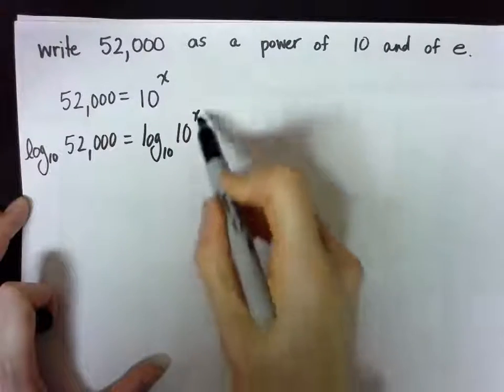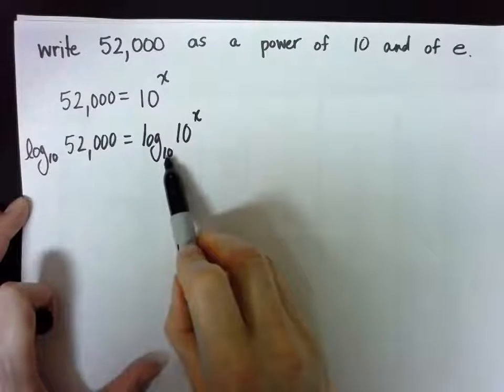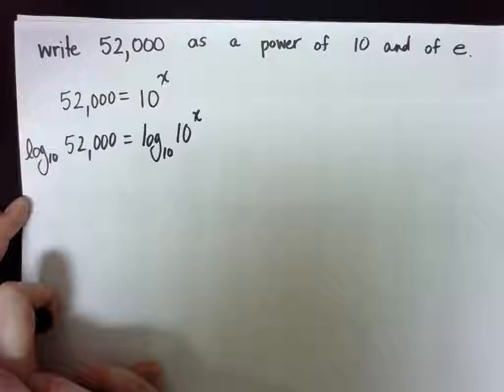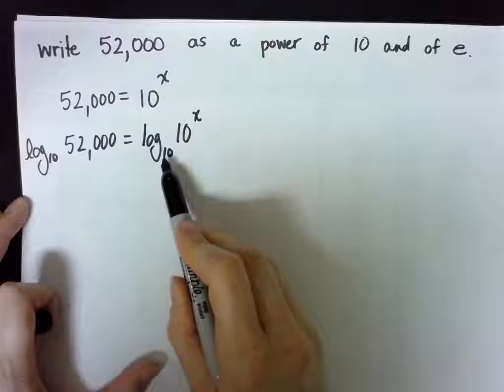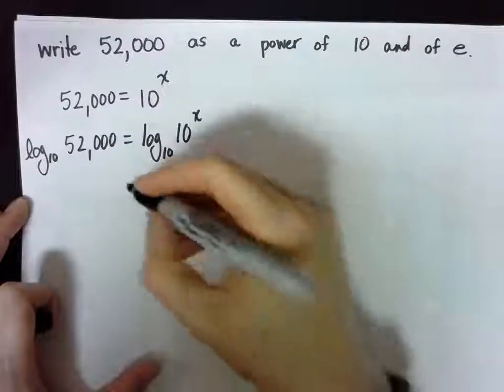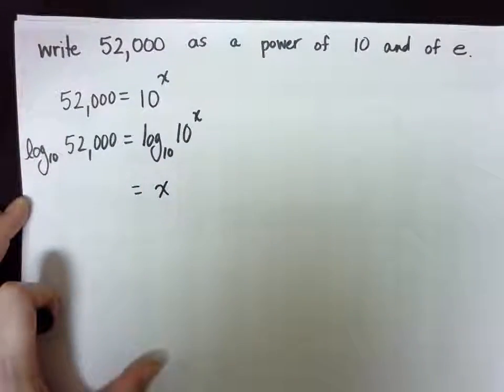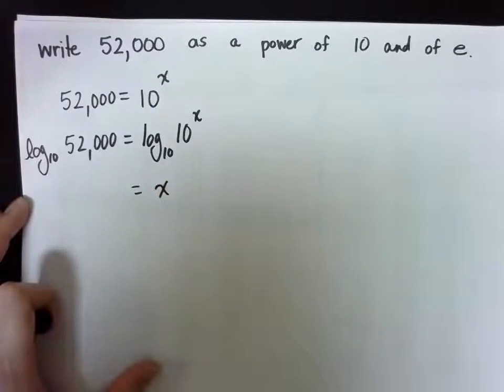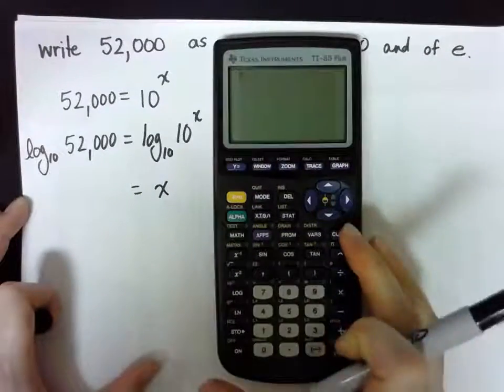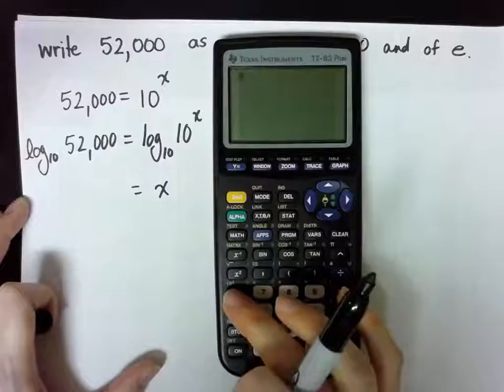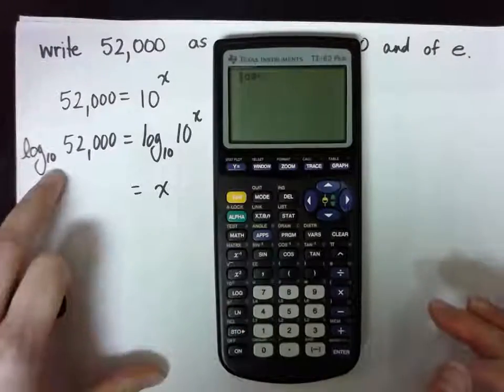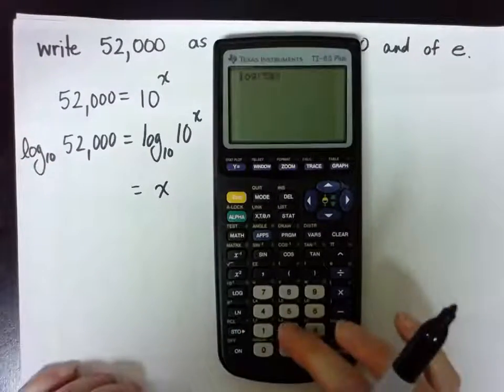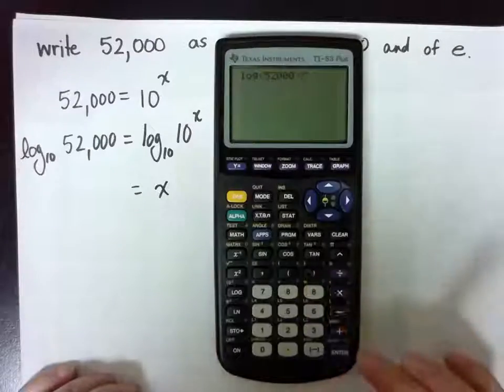So think about this. What power would we have to raise 10 to get 10 to the x? Well, of course, we'd have to raise 10 to the x power to get 10 to the x. So this side is x. And to figure out what log base 10 of 52,000 is, we just go and look in our calculator. That log is log base 10, the common log of 52,000.